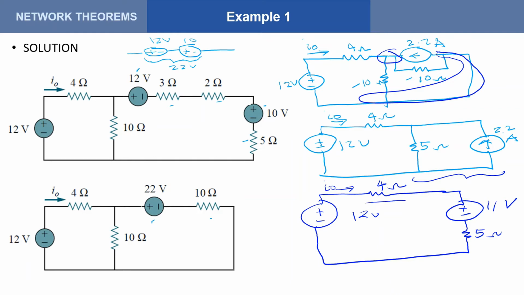Take note that I naught will now flow throughout the single loop. So we're able to reduce the original circuit into a single loop without affecting the parameter I naught.